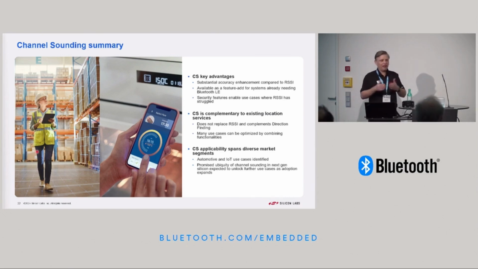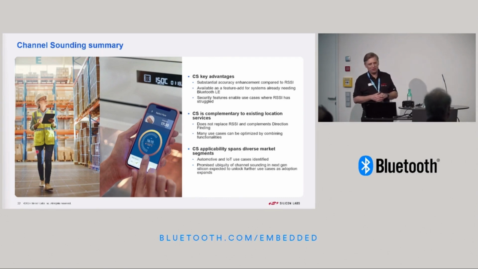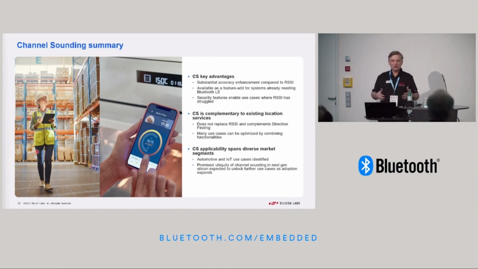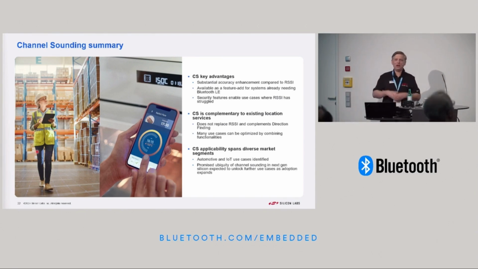And frankly, I don't think any of us working on channel sounding solutions today have a full view of the use cases. I don't think all the use cases have been thought of. As we see channel sounding functionality spread out across product catalogs of multiple silicon vendors, customers are going to find ways of adding presence detection and zonal detection to their consumer products, and to industrial applications that we haven't even thought of yet.